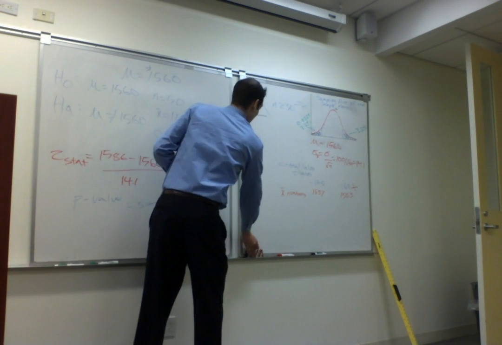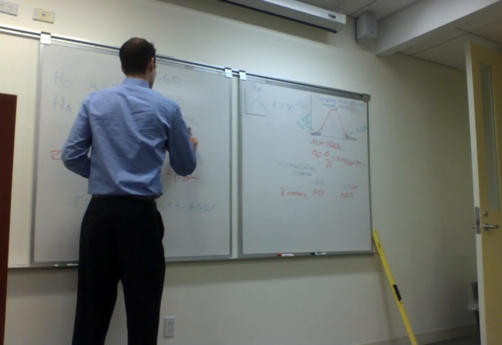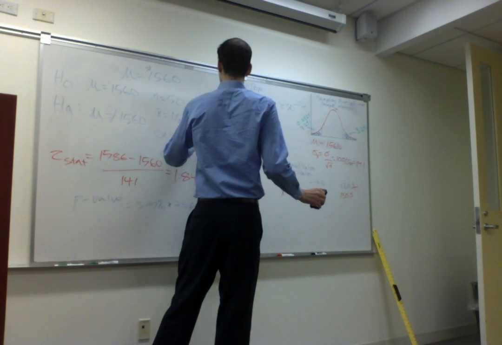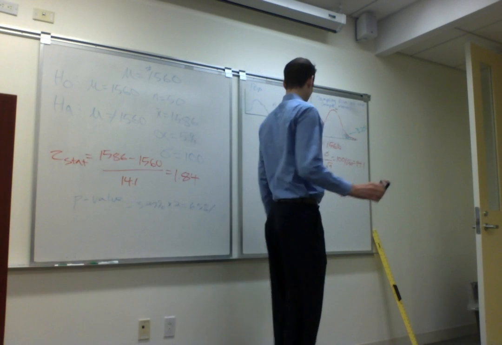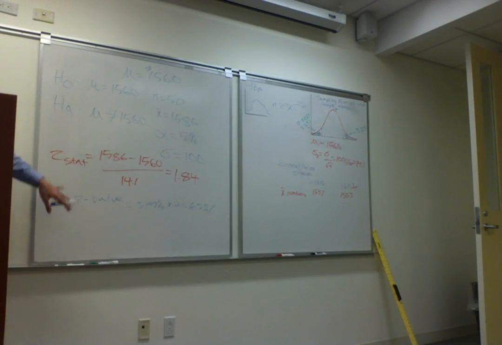So let's redo our analysis at the 5% significance level. Okay? Now, not a lot is going to change. The z-statistic is still going to be the same.